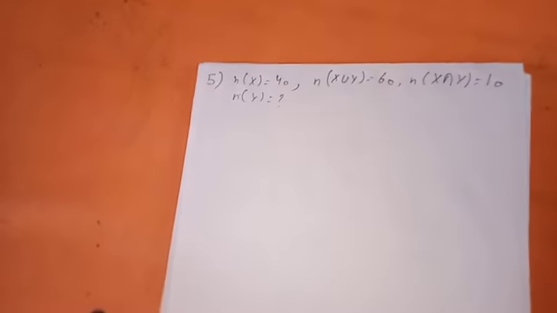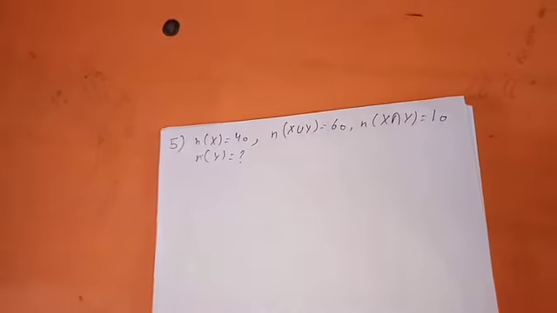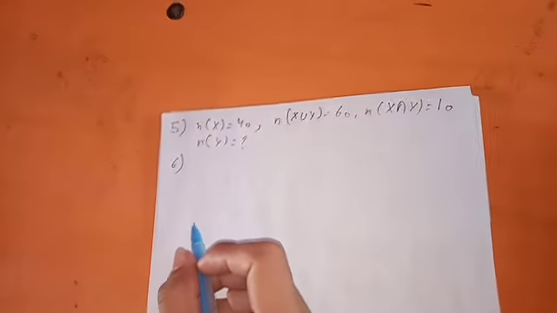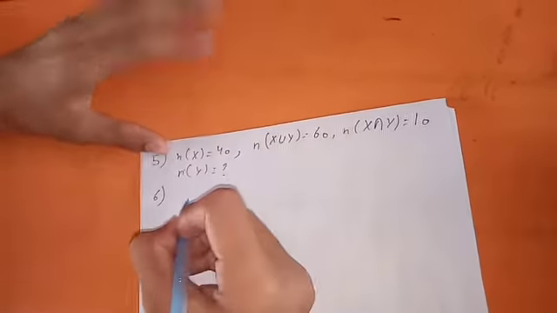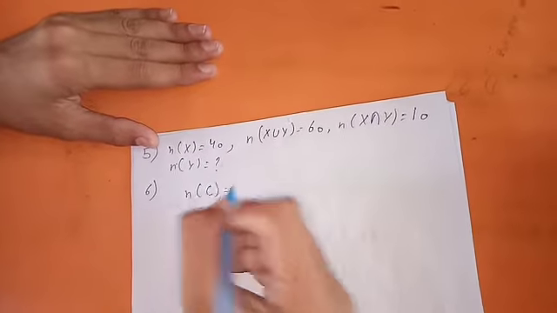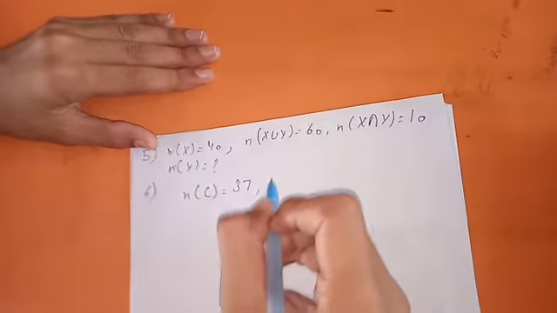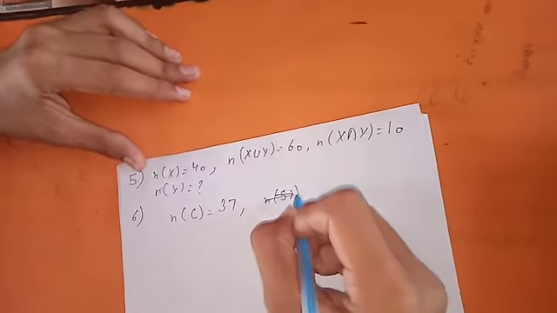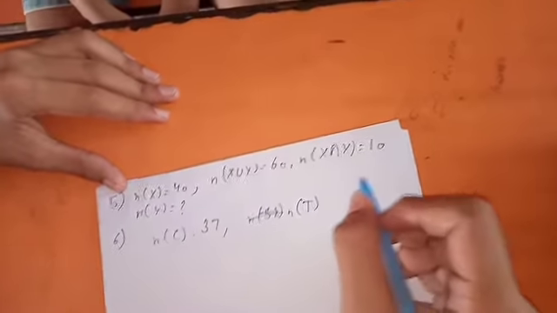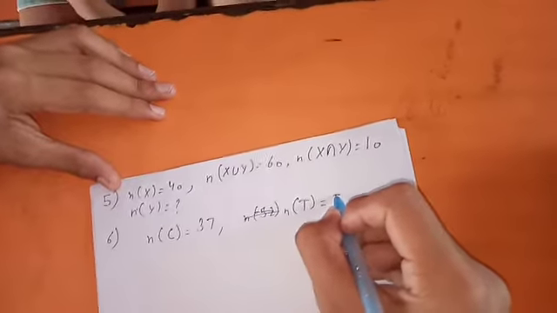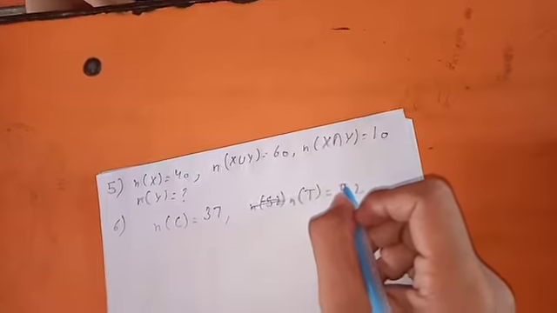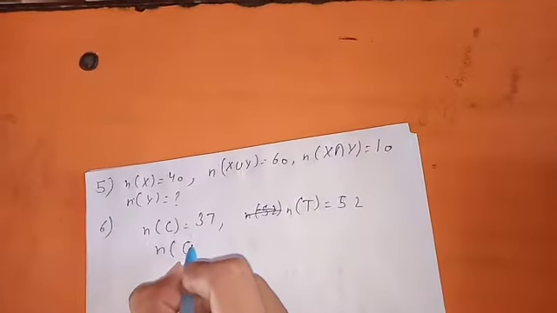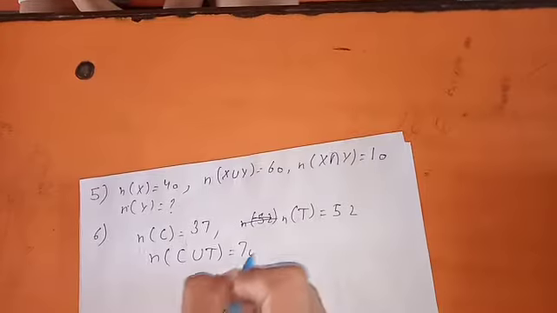Now question number 6. In a group of 70 people, meaning the total is 70, 37 like coffee, so I can say n of C, those who like coffee, is 37. n of T, meaning people who like tea, is 52, and each person likes at least one of these two drinks, meaning n of C union T is 70, as given.